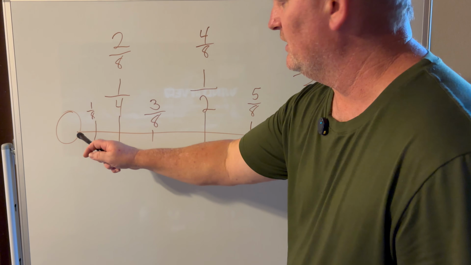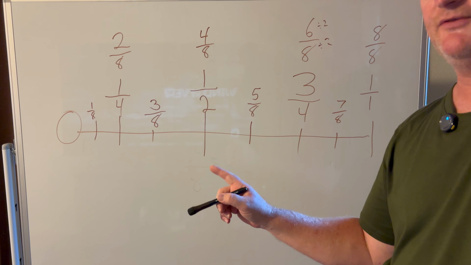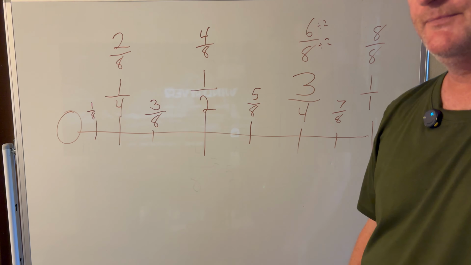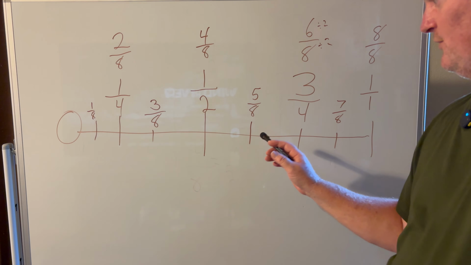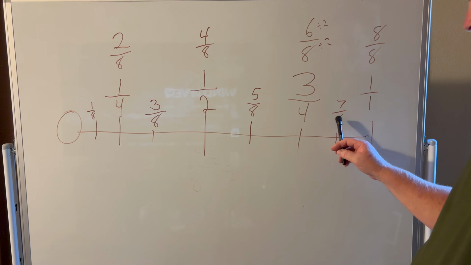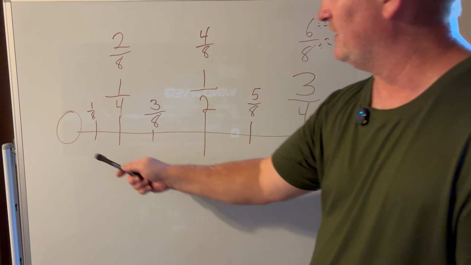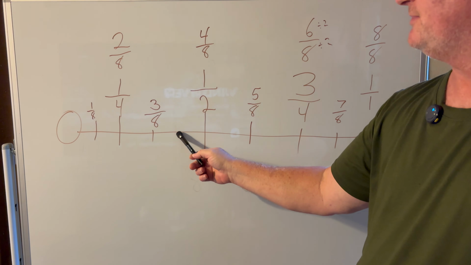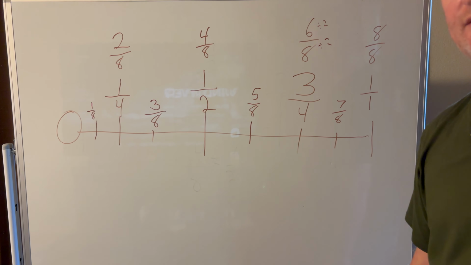Right? So we can go, there's 2/16 per eighth. And 2/8 per quarter. Right? Because we're doubling everything, because we're doubling that bottom number. So we'd have 2/16, 4/16. Up here would be 8, so we'd have 7/16.